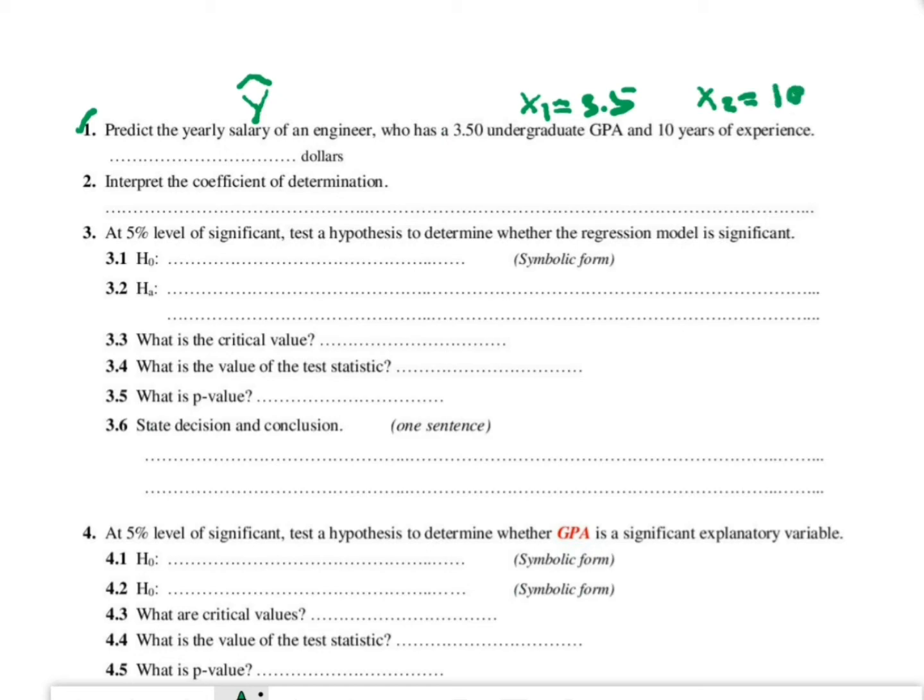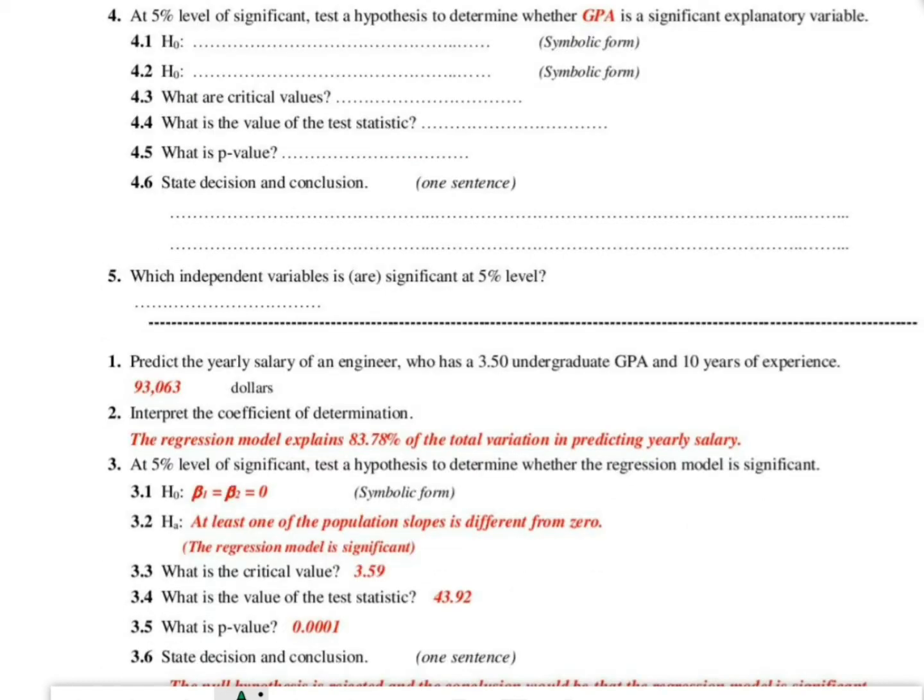We have to enter in this equation: we know the value of a, we know the value of b1 and x1 is 3.5, we know the value of b2. You pick up the value of b2 from the table and multiply with 10. If you compute like this, you will get the estimated salary, to the nearest dollar, $93,063.